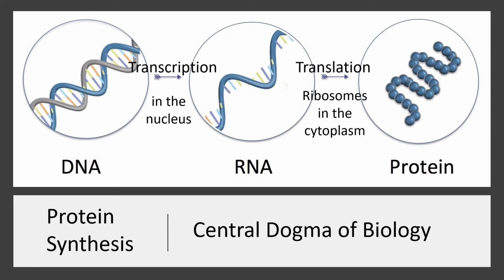So translation occurs at a ribosome. Those are located in the cytoplasm. You know translation occurs at the ribosome or in the cytoplasm because ribosomes make proteins and translation makes proteins.